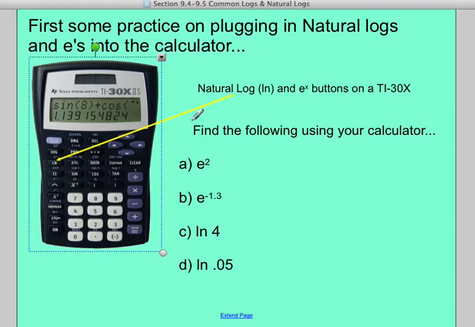Okay, so first some practice on plugging in natural logs and e's into the calculator. I want you to find the following on your calculator. I'm going to give you like 15 seconds. Go ahead, type these in. I kind of showed you where they were earlier on your calculator.